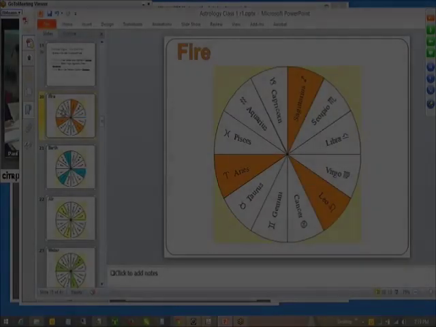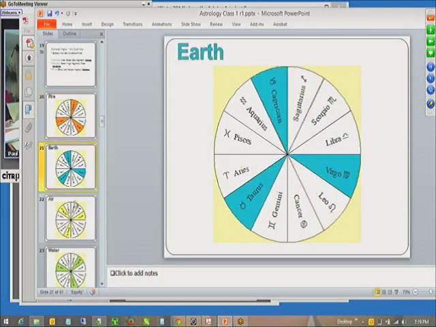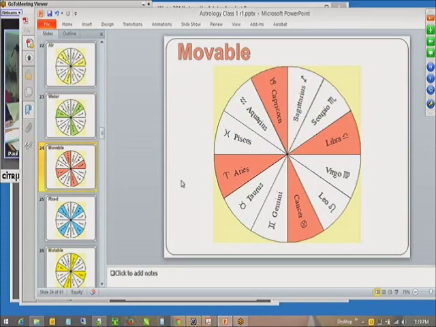I'll just run through these real quick. Fire, earth, air, water. These are not particularly important. But when we get down here, now these are the quadruplicities. These are the movable signs or cardinal signs: Aries, Cancer, Capricorn, Libra. You have to know the quadruplicities code.